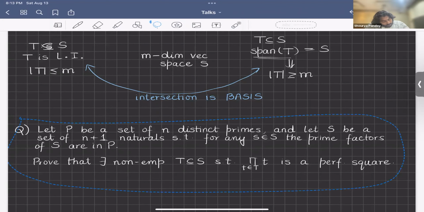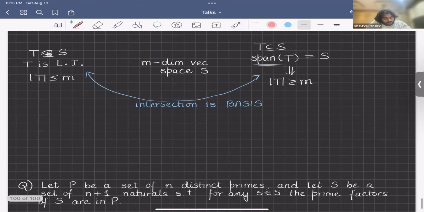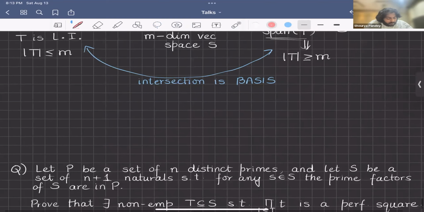Before this, I should also mention that while we talked about vector spaces in R to the n, there are quite a few interesting vector spaces, and there's another one that I should mention. Let me just describe it.